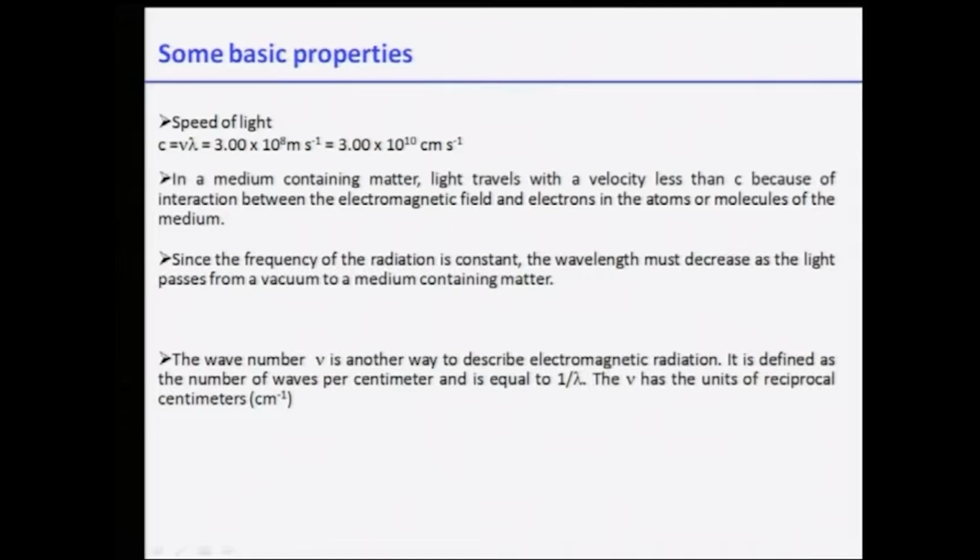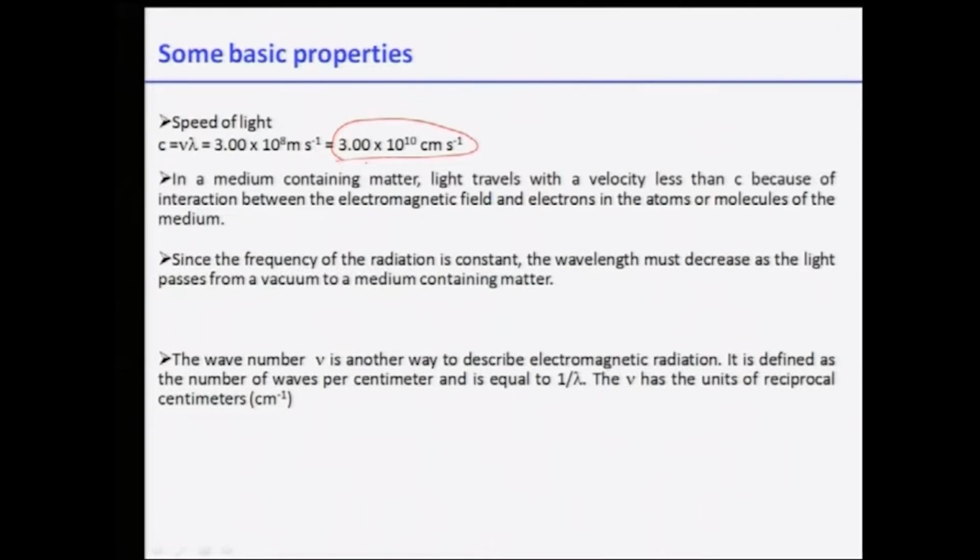Now if we want to go into some more details, we know the speed of light is fixed. This is given by the value 3 times 10 to the power 10 centimeter per second. In a medium containing matter, light travels with a velocity less than c because it interacts with the material.